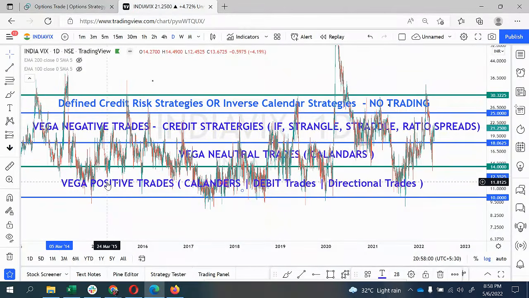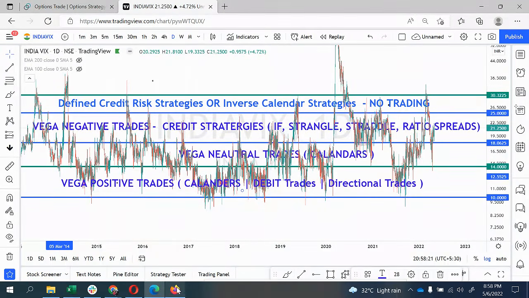How much debit we give depends on your VIX. When I say vega neutral, we are not paying more debit, or taking too much credit. It's balanced actually. I'll show you all the examples.